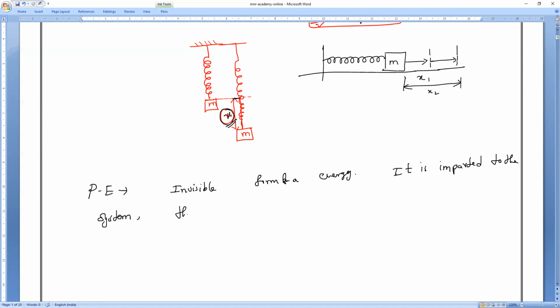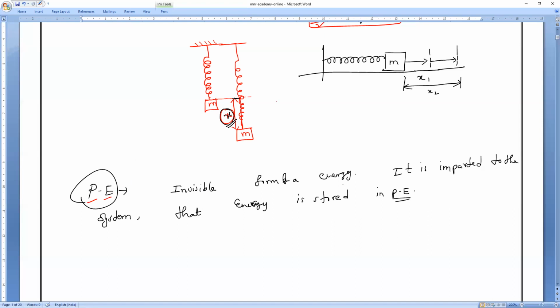That invisible energy is stored in the form of potential energy. So the invisible form of energy which is imported to the system is modified into potential energy. That is what we call PE, potential energy.